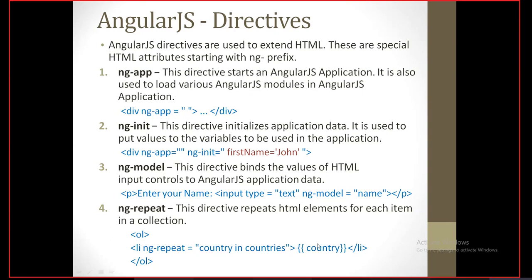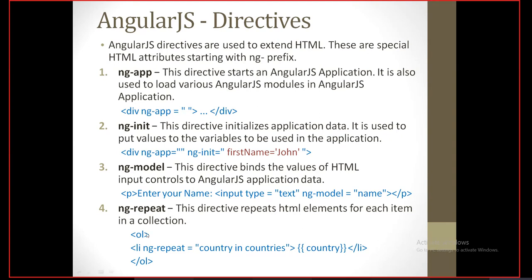So that number of iterations depends upon the size of any collection, maybe an array, maybe an object, whatever it is. So here you can see, generally we use repeat whenever we have to create tables in AngularJS, or we have to create lists in AngularJS, right?